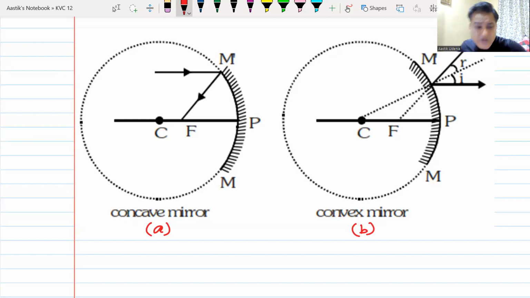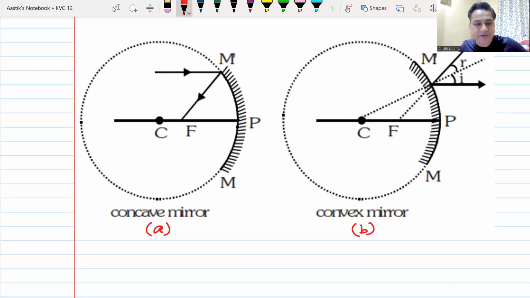That is correct. The reflecting surface, the surface which is going to reflect the rays, is facing the center of curvature, whereas in a convex mirror, it is facing the opposite side.